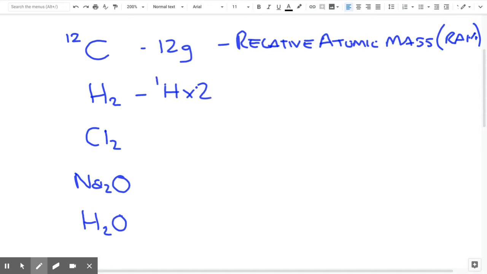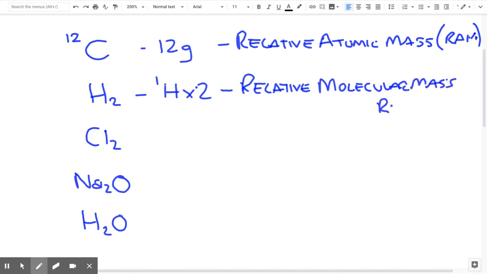And so this is going to form a relative molecular mass. It's a terminology difference because we're forming a molecule, but this is going to produce a relative molecular mass, or RFM or RMM in this specific case.